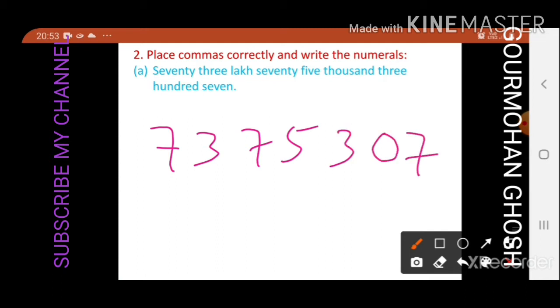So this is given. Lakh means that it is in the Indian system of numeration. So here you use the comma: 3 digits from right to left, again 2 and 2. So 73 lakhs 75,000 307. Okay.